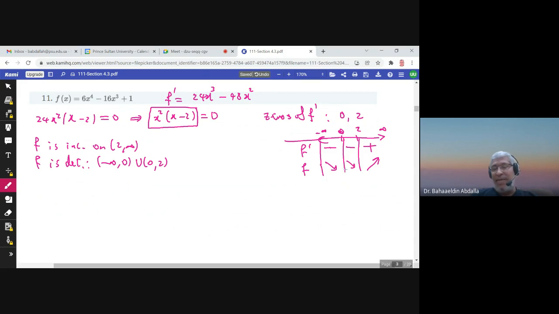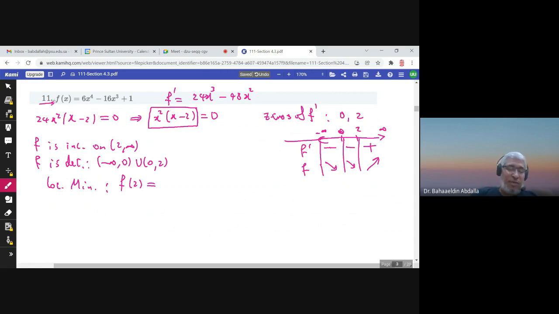Now, at 0, I don't have anything because the function is decreasing, so no local maximum here and no local minimum. But at 2, I'll have a local minimum. So there will be a local minimum. What is the local minimum? It is f of 2. F of 2 is the local minimum, and I can find f of 2 from here.